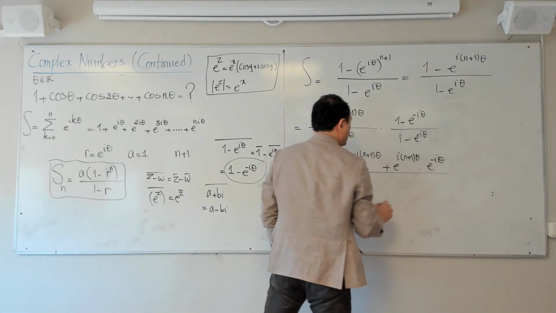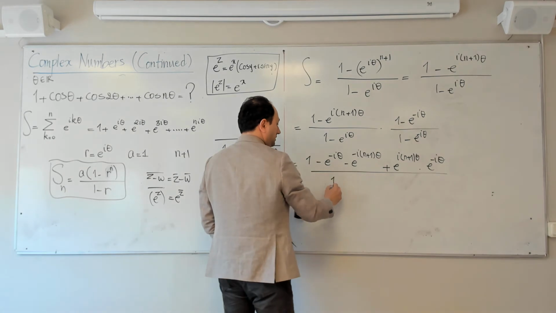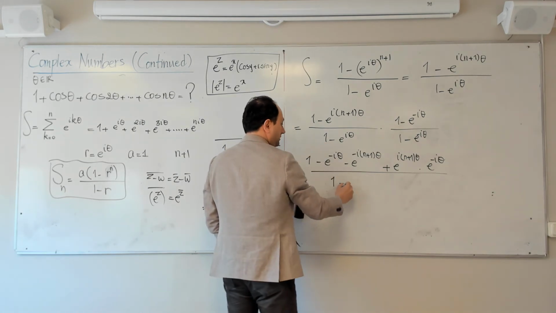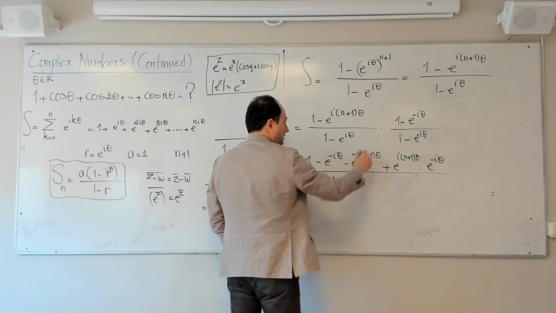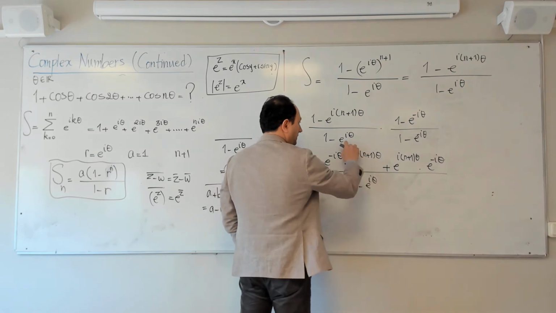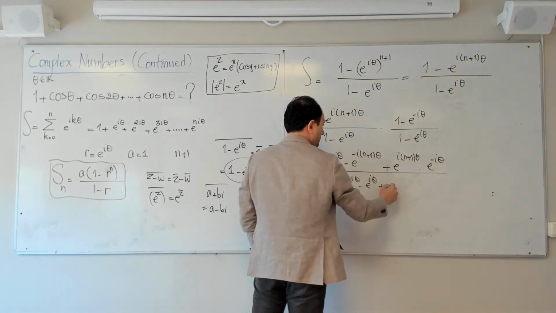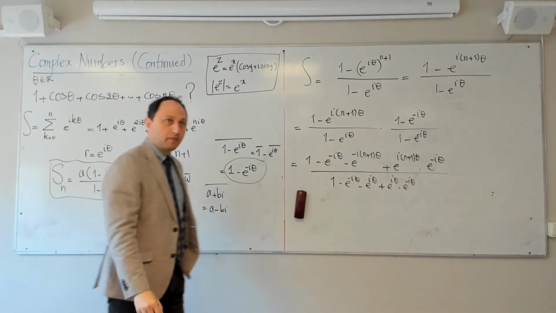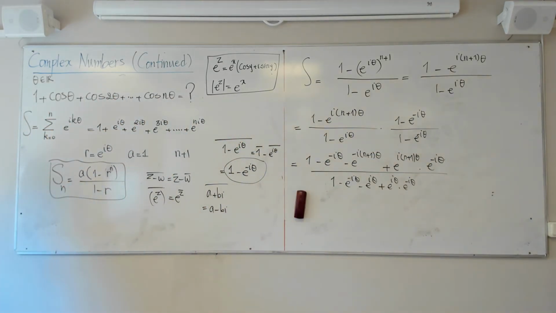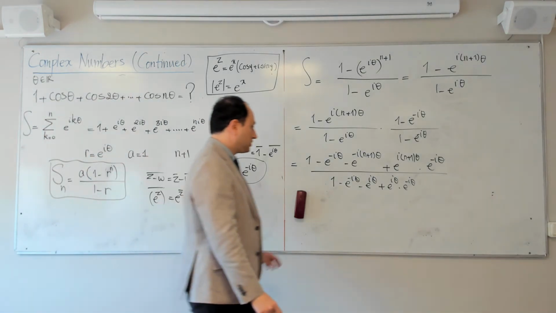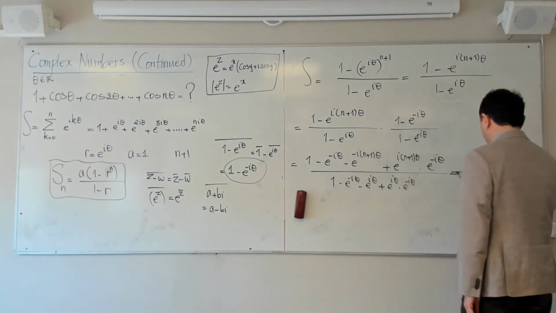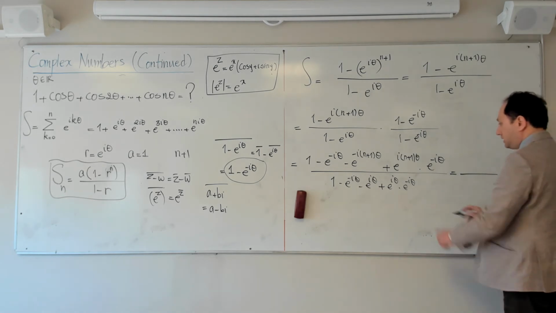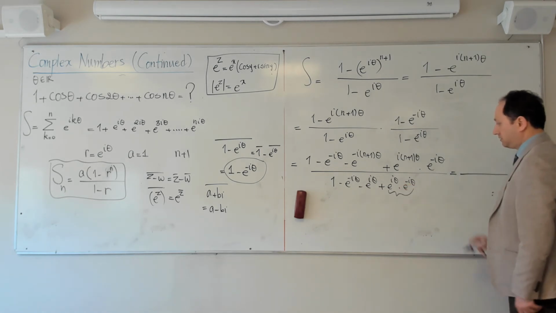And then in the denominator, 1 times 1, 1 times this one, this one times that, and this one times that. Yes? Okay, we have to do a lot of simplifications now. So let us start from the denominator.